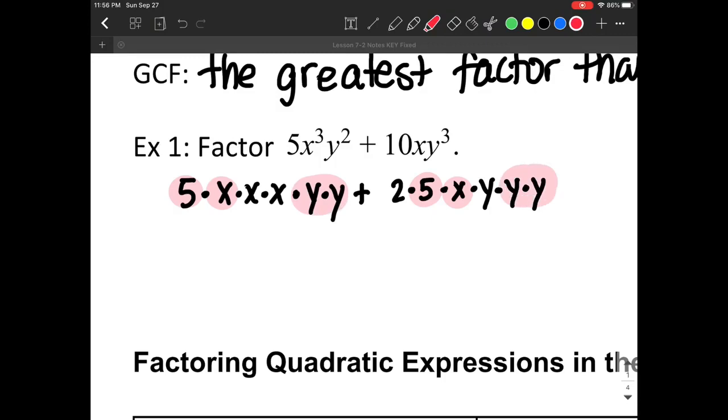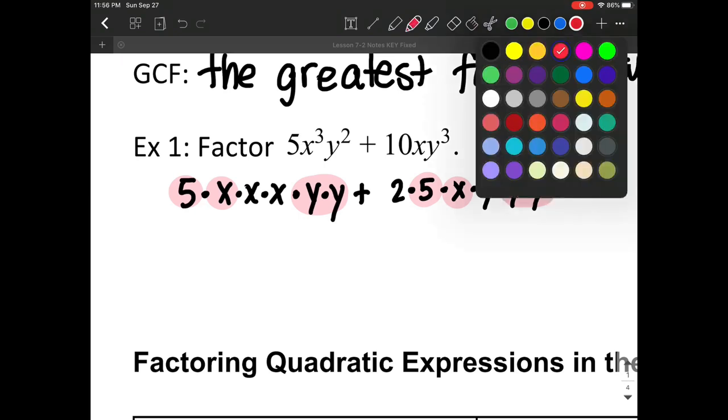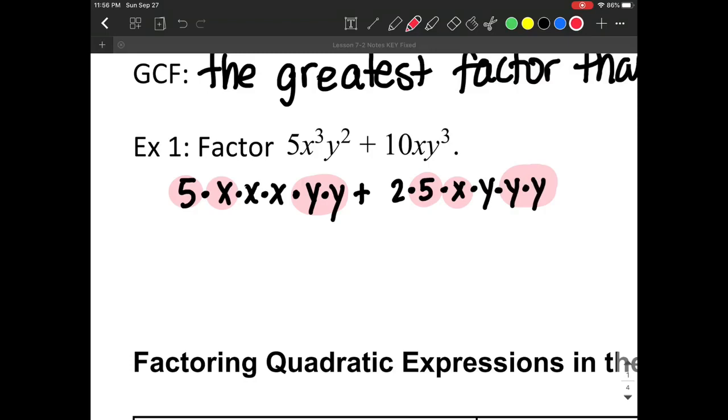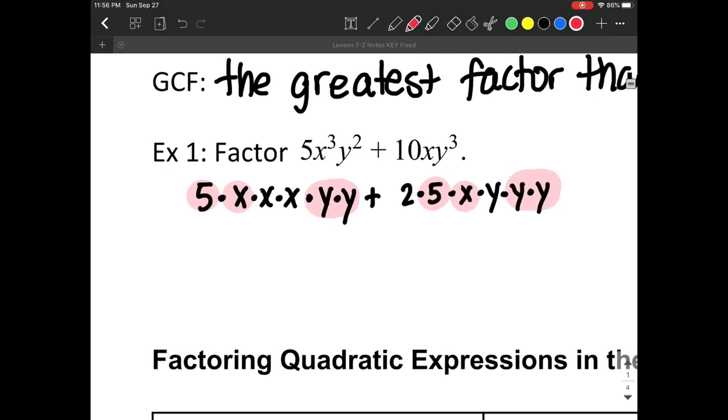And then they share 2 y's in common. So collectively, those factors that they have in common, together, are the greatest common factor. So 5, 1 x, and 2 y's, or 5xy squared, that is the GCF.